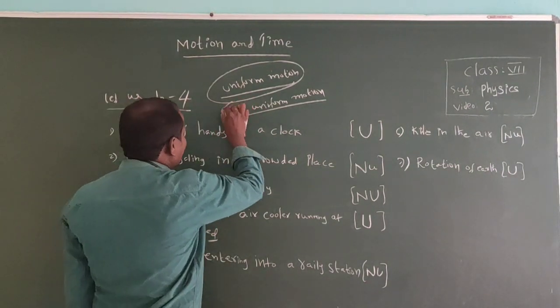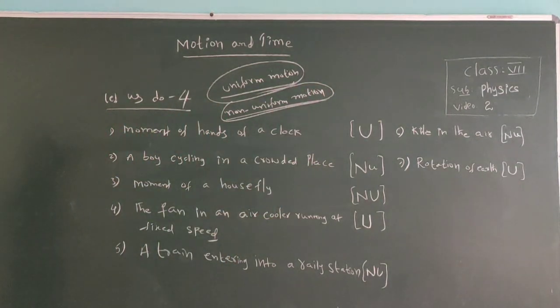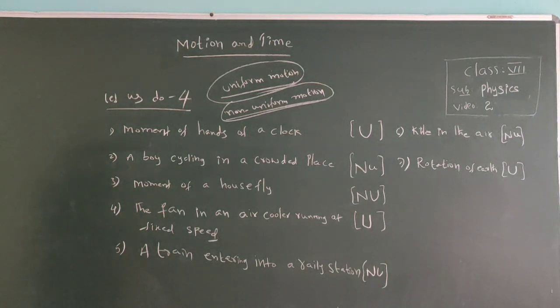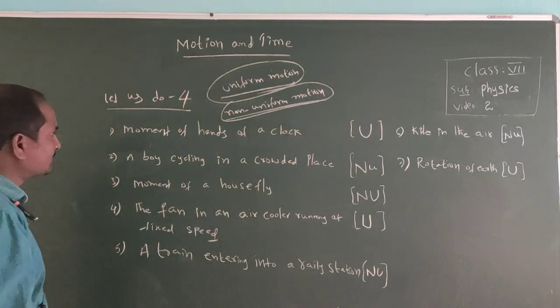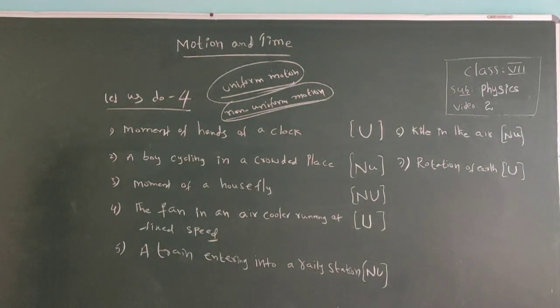Non-uniform motion: if a body covers unequal distance in equal intervals of time, that is called non-uniform motion.